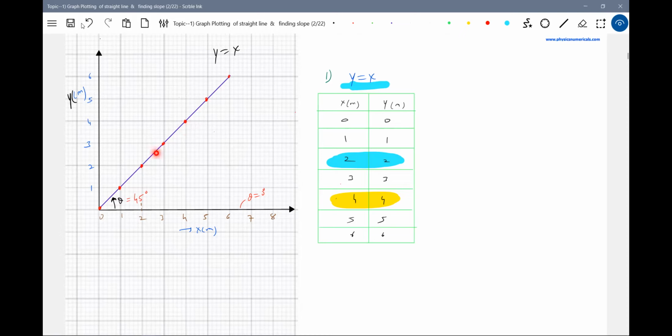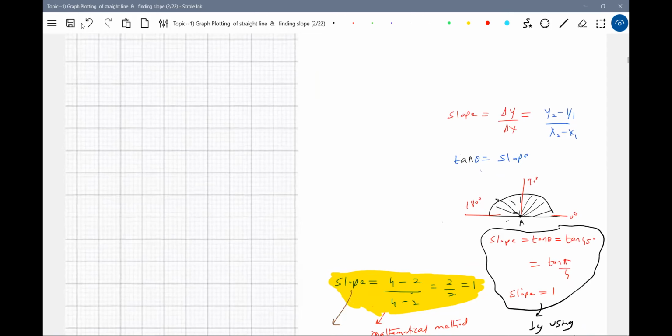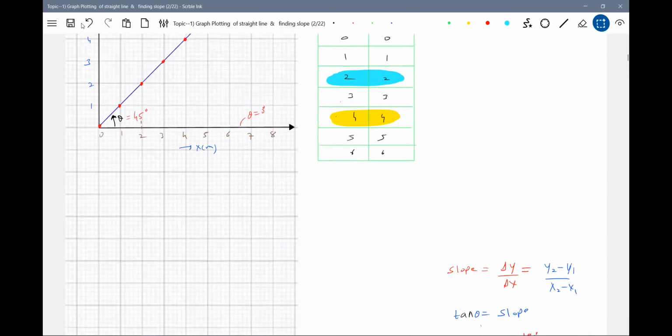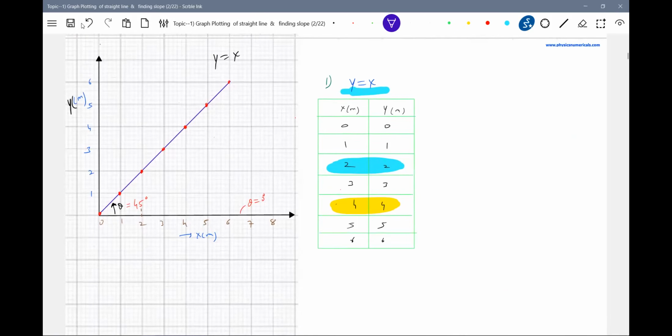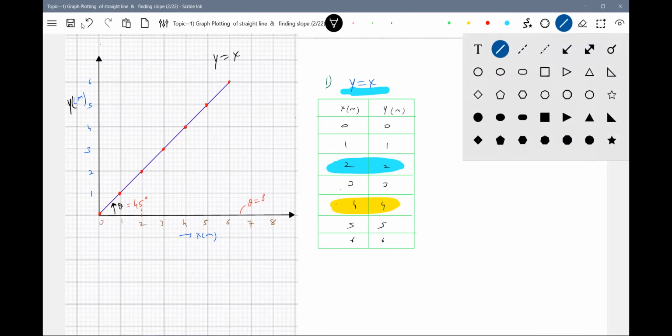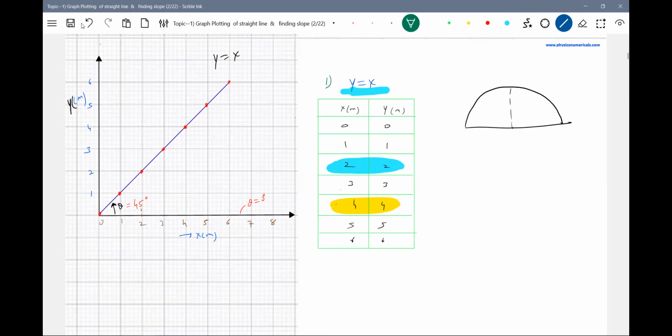This particular straight line will make some angle with the x-axis, and you know the protractor. So when you go for the protractor, let me introduce the idea of the protractor. Or else I'll draw it. When you take the protractor, these are various lines.